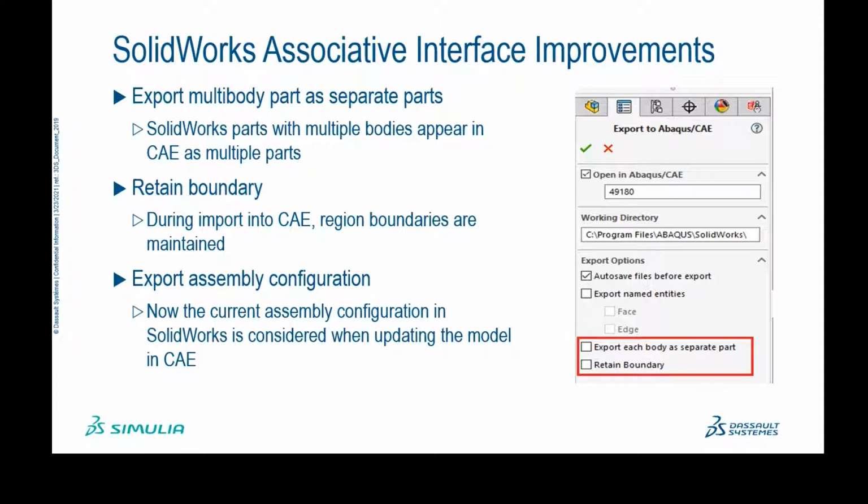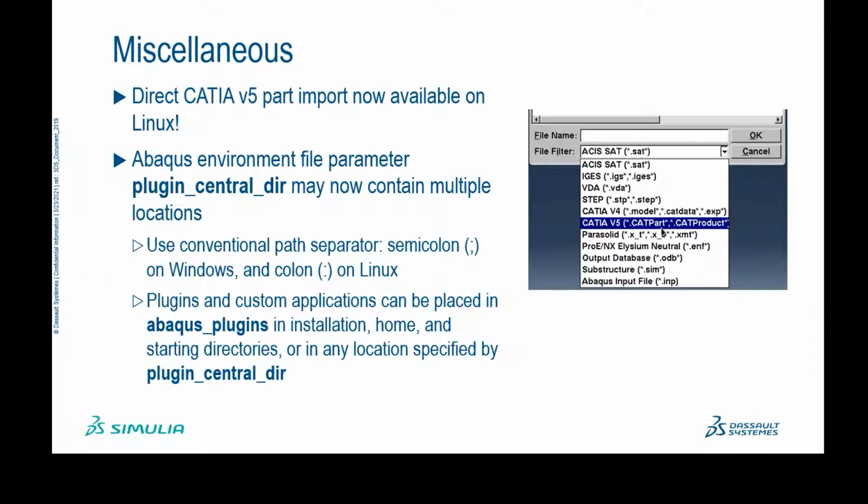So those improvements are available as part of the SolidWorks Associative interface. Other improvements, we call them miscellaneous improvements, are related to the direct CATIA v5 part import, which is now available on Linux. This capability has been available forever in Windows, but it's just been incorporated in Abaqus 2021 under the Linux environment.